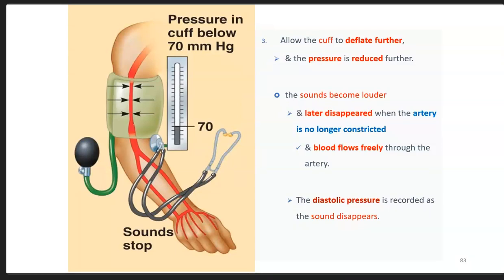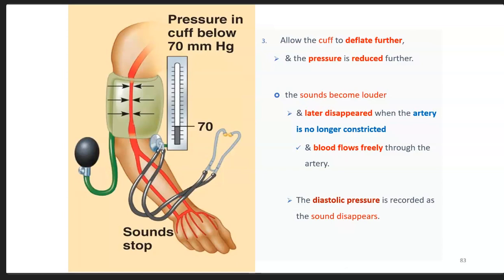And then as the blood flows, you want to detect the second reading, which is the diastolic reading. It says here, allow the cuff to deflate further, so the pressure is reduced further and the sound becomes louder.